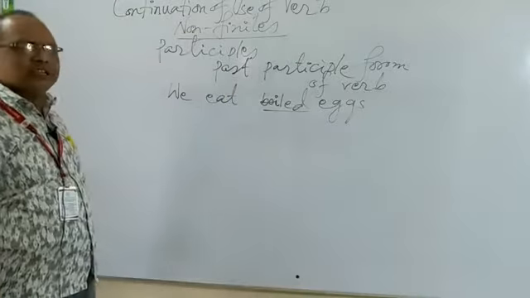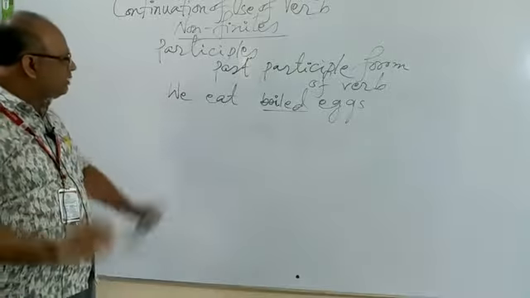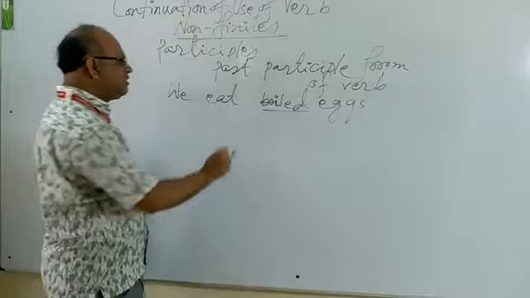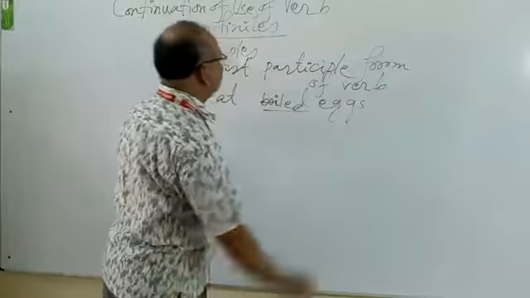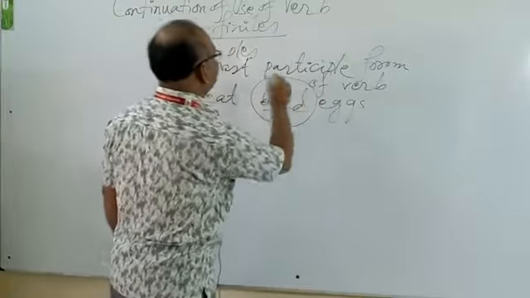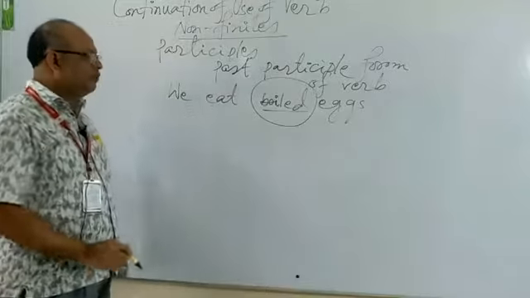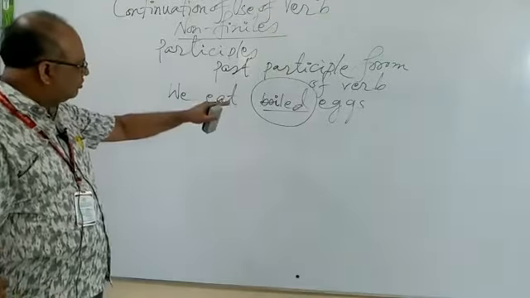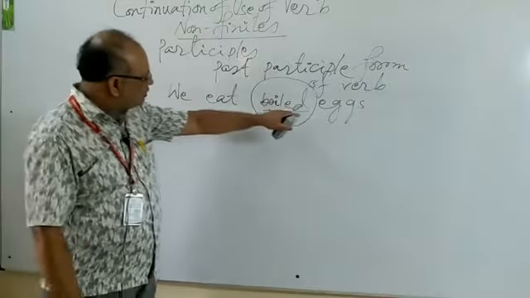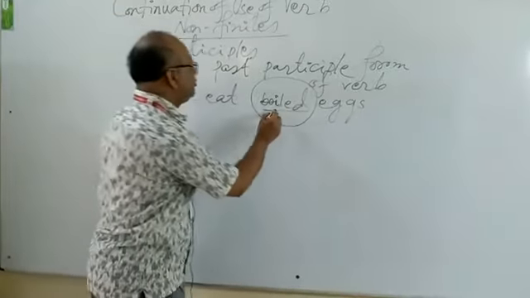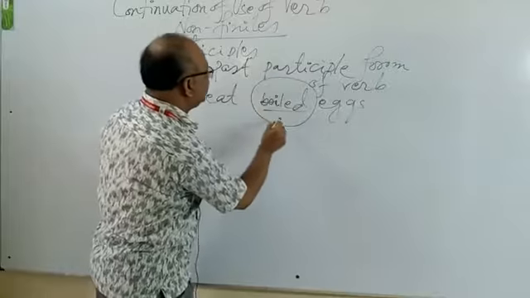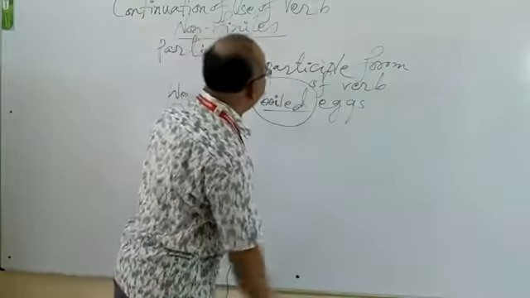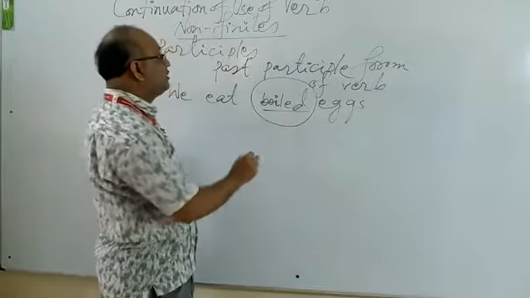This is a very simple sentence. There is no problem, I think, in understanding. We eat. What do we eat? Boiled eggs. So this is the word which is the focus of our attention. Why is it focused? What is its function? You can see it is the past participle form of the verb: boil, boiled, boiled.